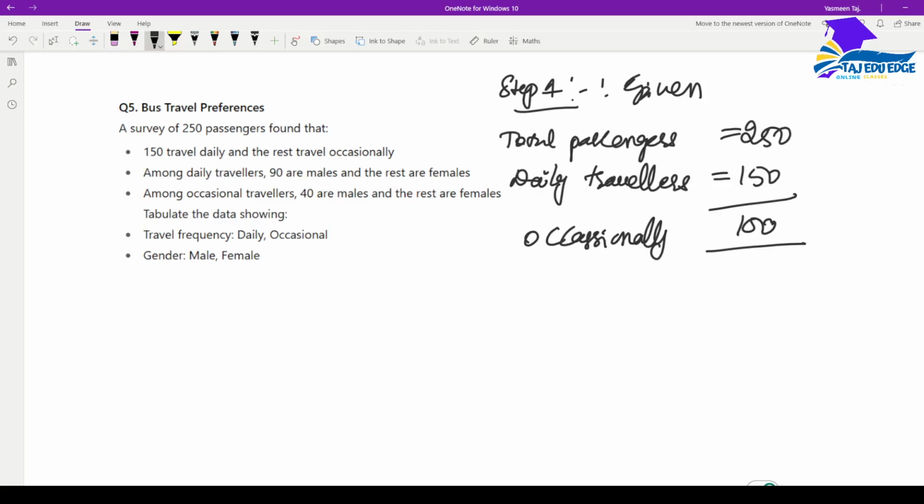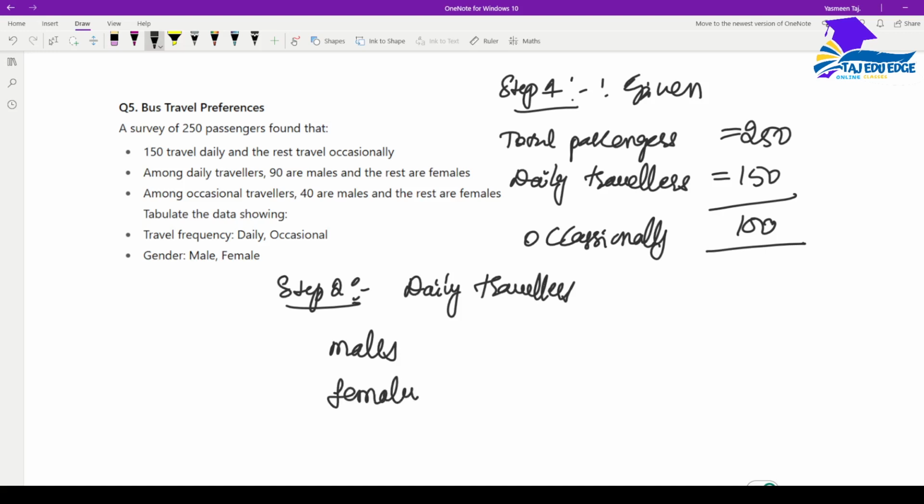Now we need to see how many male and female. That is step 2. Let's say daily travelers, males and females. How many males are daily traveling?